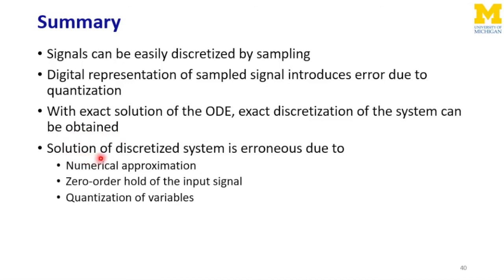Now, I showed you multiple approximating schemes and, of course, the exact discretization. And there are errors in these solutions because of zero order hold of the input signal and the quantization of the variables. Okay, that brings us to the end of this lecture.